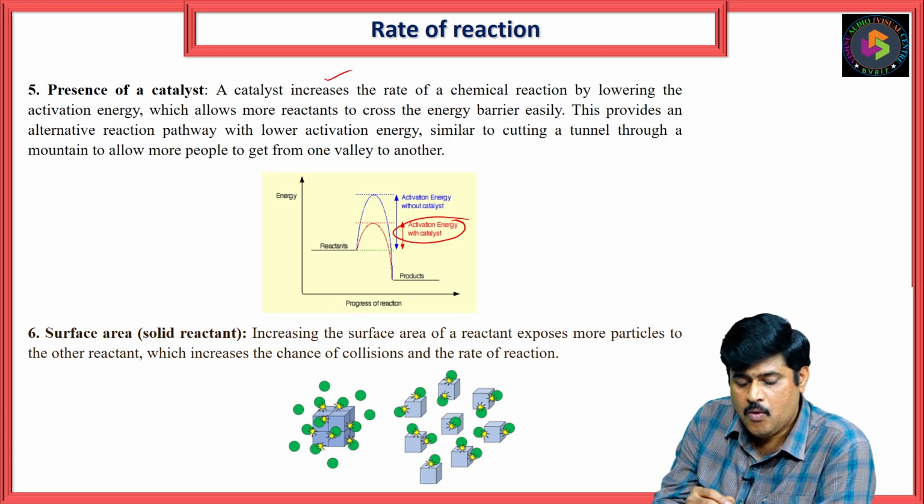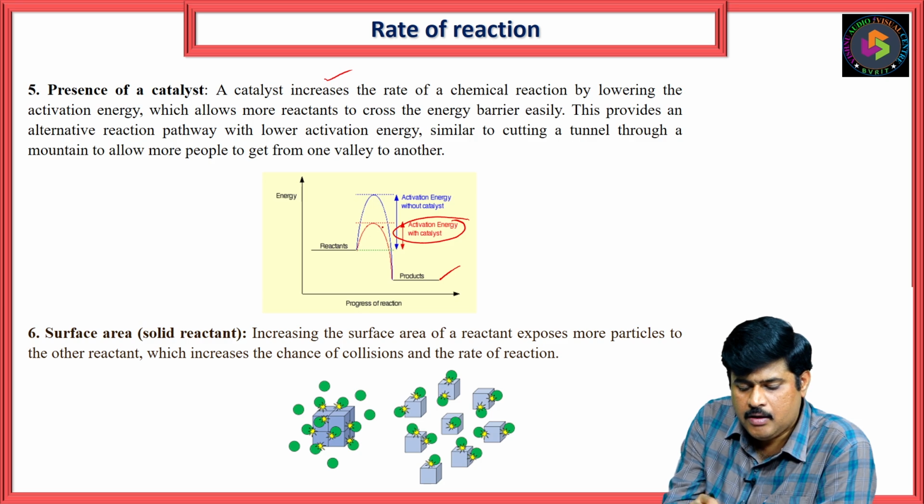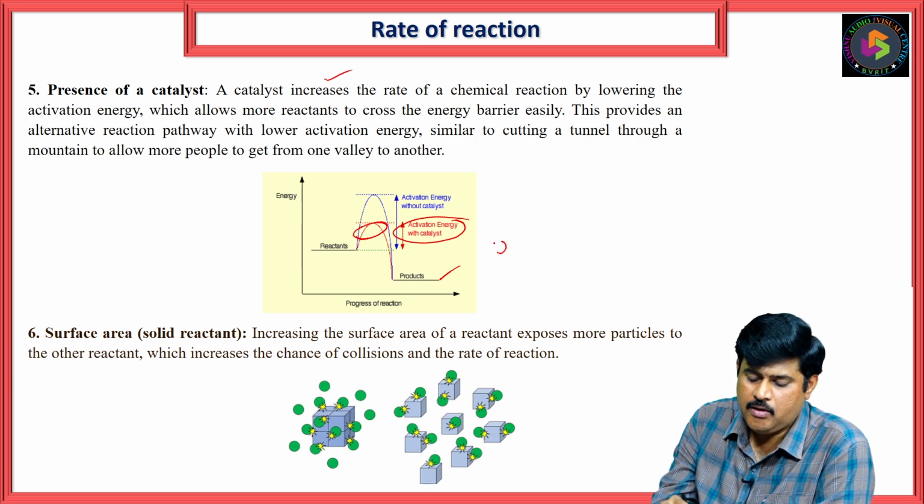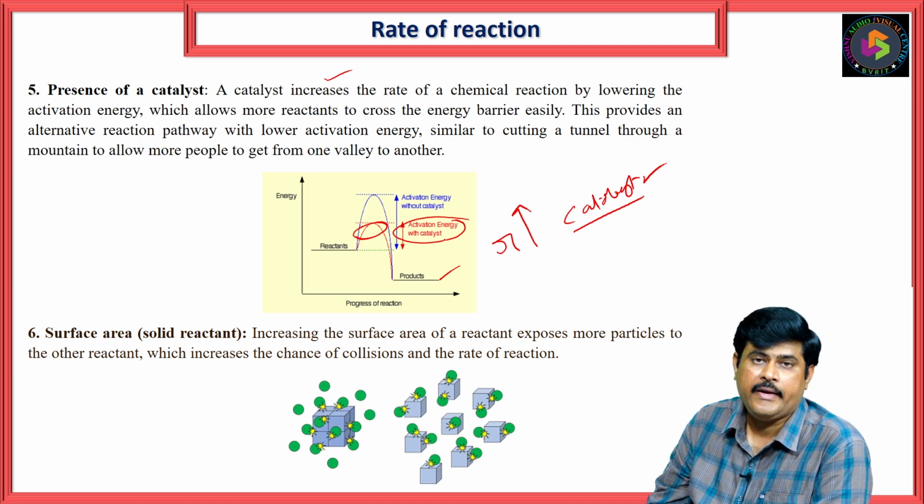That means more reactant molecules are able to react and form the products. When the activation energy is less, more reactants are there to react themselves to form the product. That means the rate of reaction increases in presence of catalyst. So basically the catalyst decreases the activation energy required.